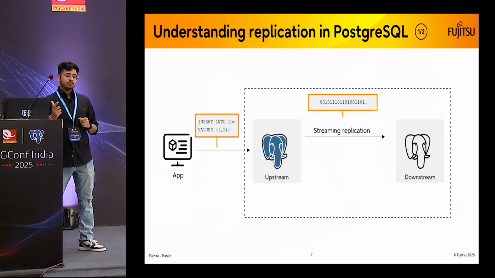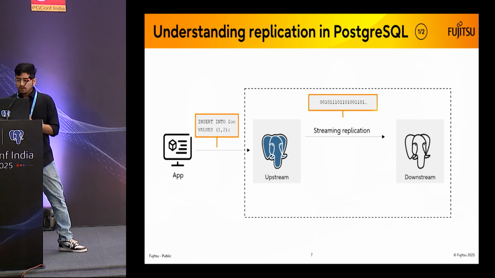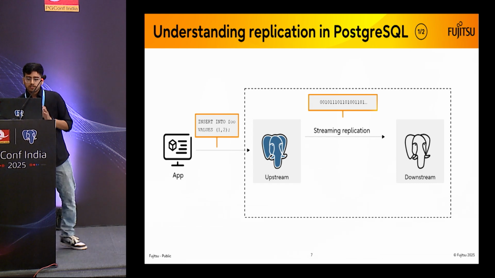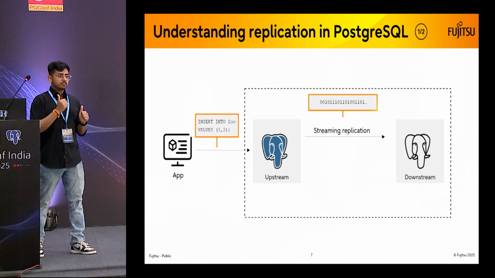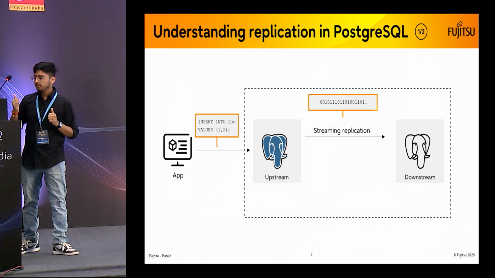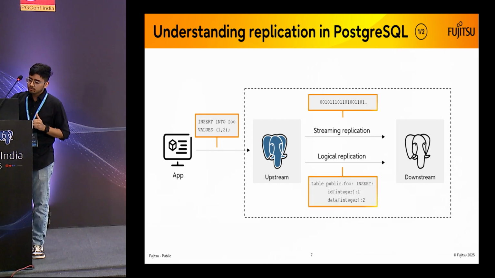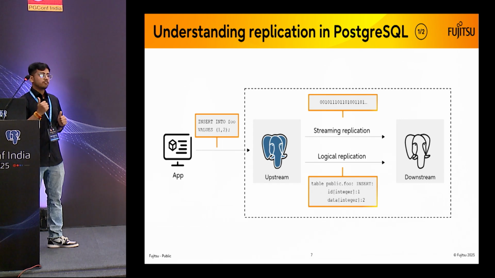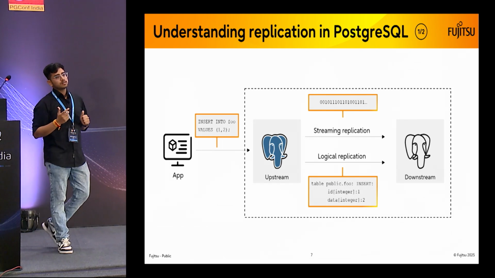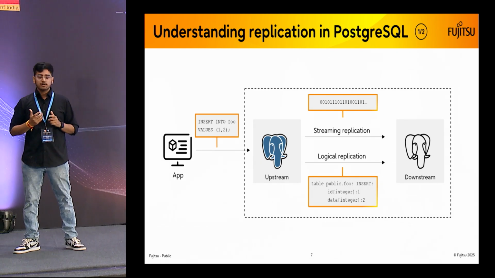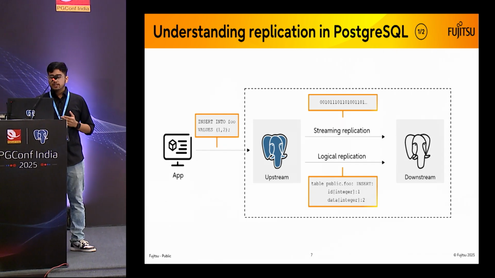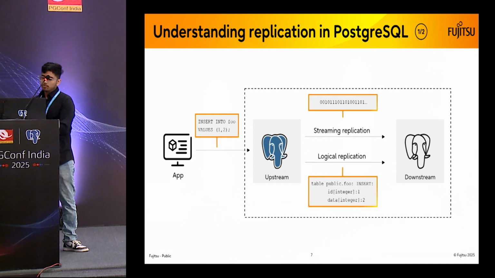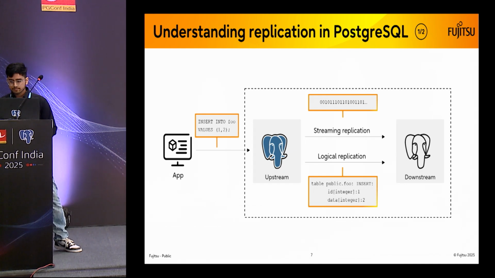In the case of streaming replication, the exact WAL records are sent from the upstream to the downstream for the replication. Whereas in the case of logical replication, these WAL files are first processed and converted into meaningful replication messages. Then, after decoding, they are sent from the upstream to the downstream.